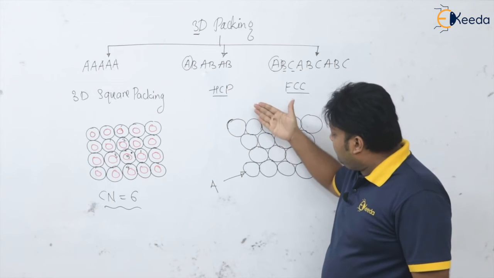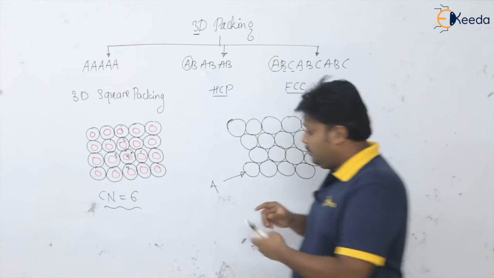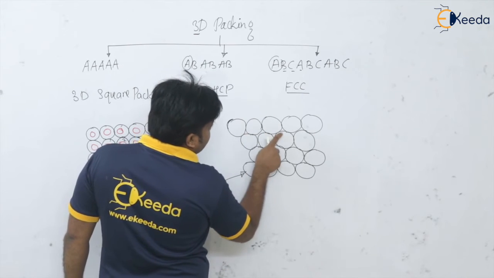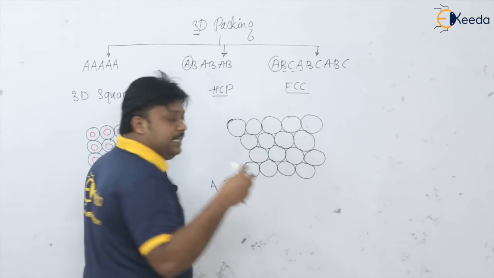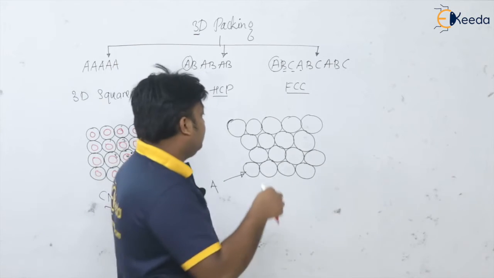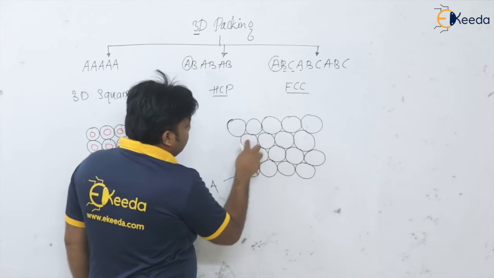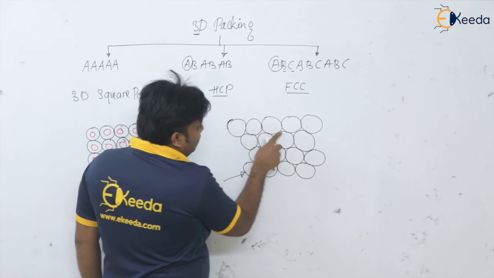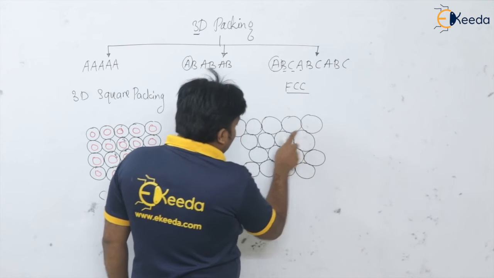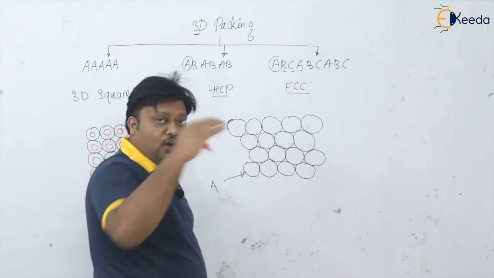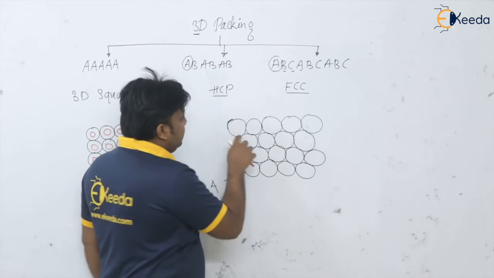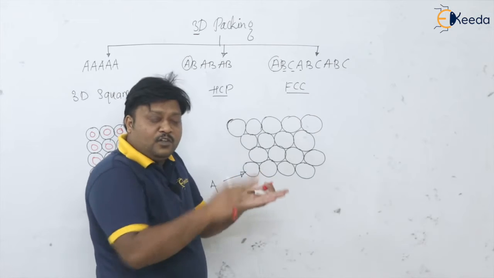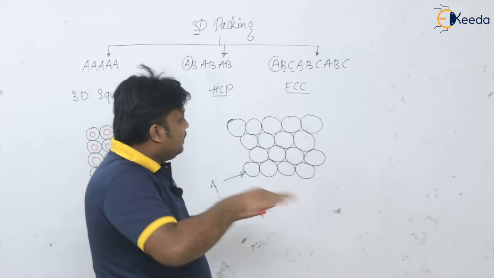Definitely when I see this layer, wherever these voids are, from these voids I can see the top of the atom which is below these three atoms, isn't it? Through these voids I can see the top of the atom below, when I am taking the layer in between, not directly from the bottom, but somewhere in the middle.